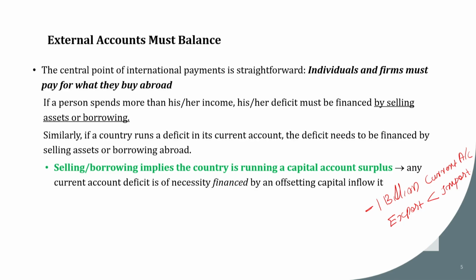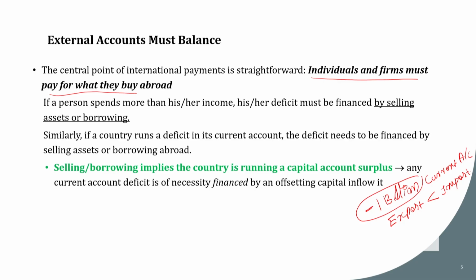That means we are consuming more than we are able to give back. By 1 billion, in this example, we have a shortage, a deficit of 1 billion. We are importing 1 billion in excess of our exports. So how do we pay for this? Because when we are importing goods and services, we must make a payment. The rule I wrote in the beginning: individuals and firms must pay for what they buy abroad, right?